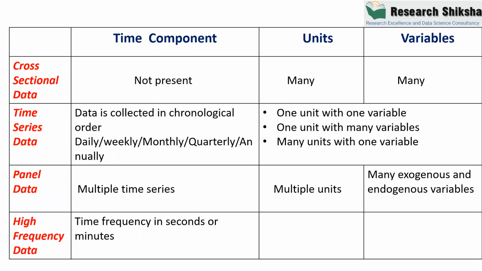Suppose I want to check whether the FDI which comes in different countries influences their GDP or not. I wrote one paper just 10 years back, where we looked at how foreign direct investment influences the GDP of different countries.